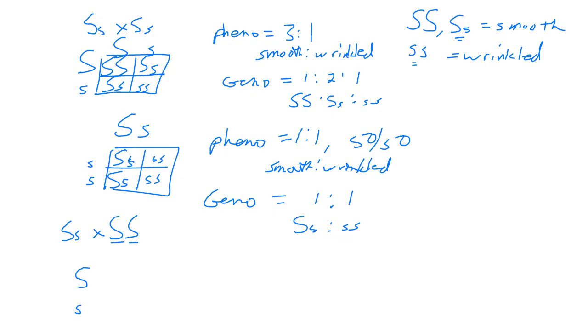But the other one, all the gametes are big S, right? So you could do a second column, but why? This one is just going to be a duplicate column, so we don't even need it, right? So we got big S, and big S, little s.